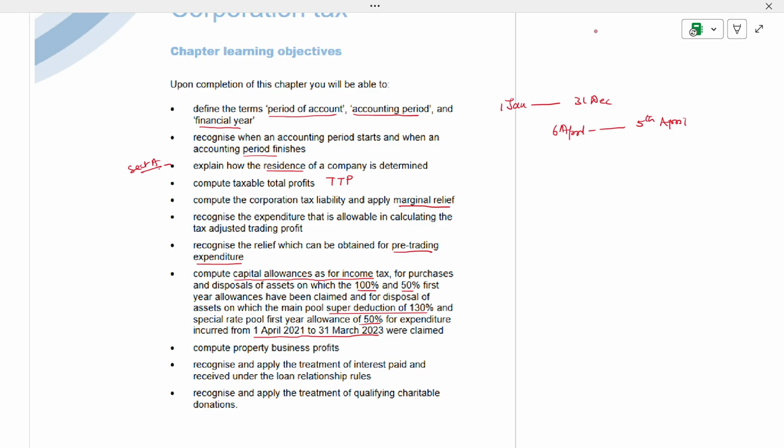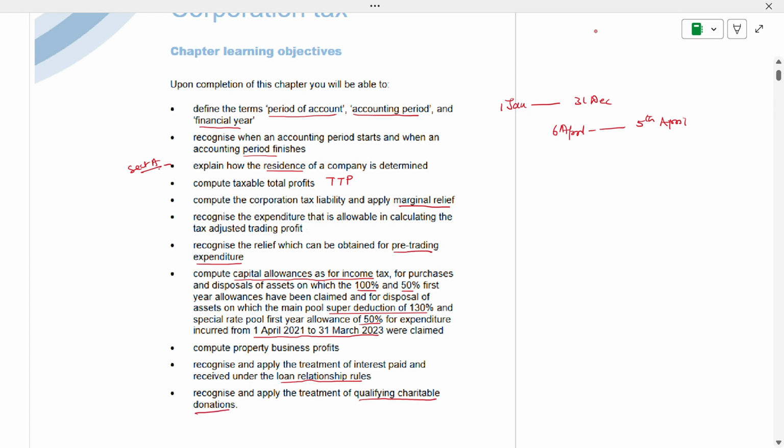What is the time determination? April 21, 22, for 2 years. Compute property business profits. Recognize and apply the interest paid and received under loan relationship rules, and identify the qualifying charitable donations.